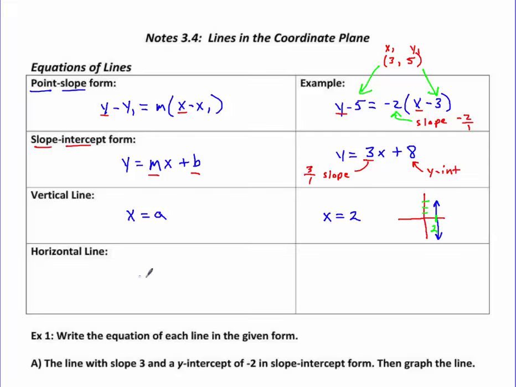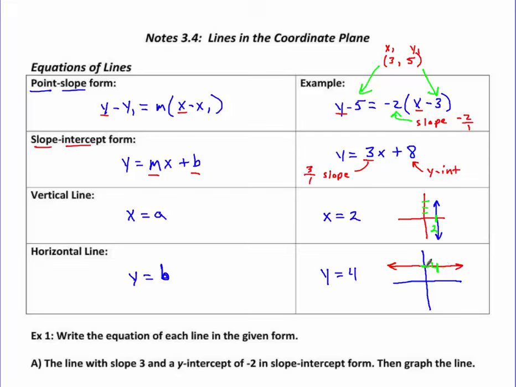Okay, and a horizontal line is just the opposite of that. It starts with a y, and it's going to be y equals some number, and we'll say b so that we have a different letter. An example of that might be y equals 4. So if we had a graph, we would have a horizontal line, and the point where it crossed the y-axis would be the number 4.